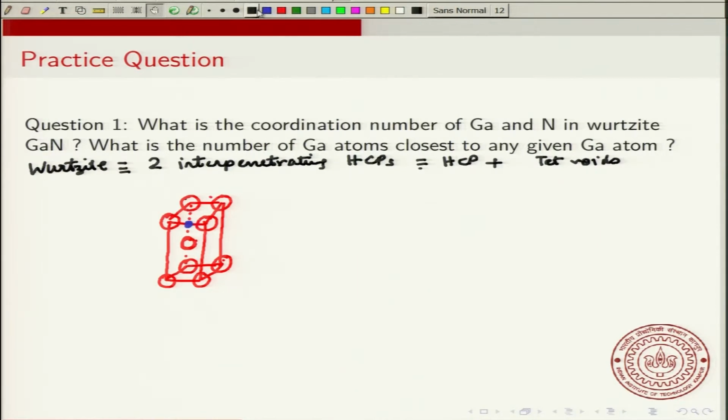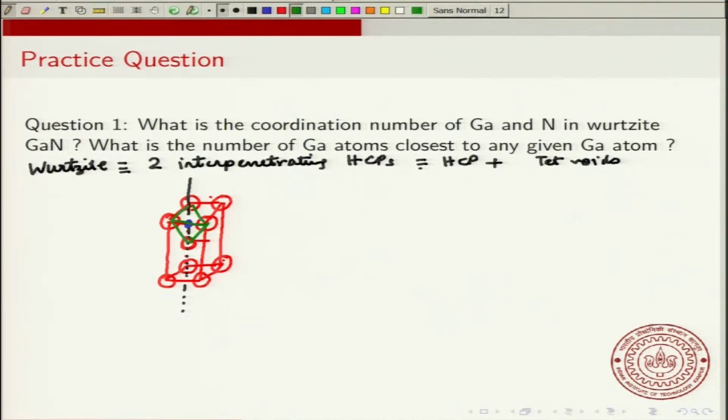It sits right in between these three. The gallium is located right in this void, and in the coordination polyhedron it is closest to these 4. So, that is the tetrahedron of coordination.